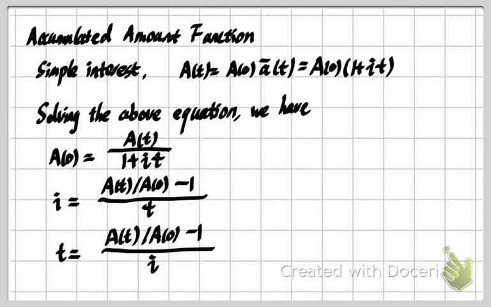Sometimes we also call the accumulated amount function the future amount. It's like after time passes, the investment is accumulated to another amount, which is the value of our investment after several years in the future. So we can also call this the future value.